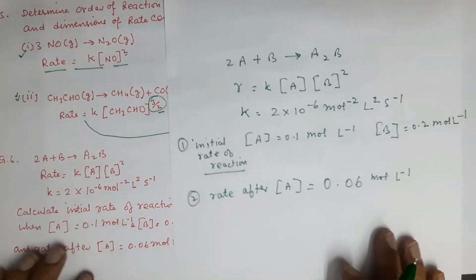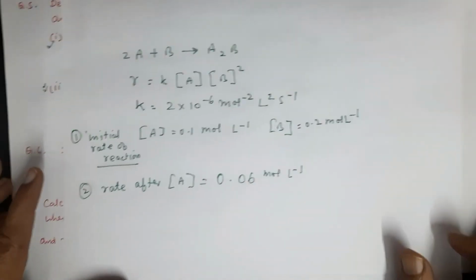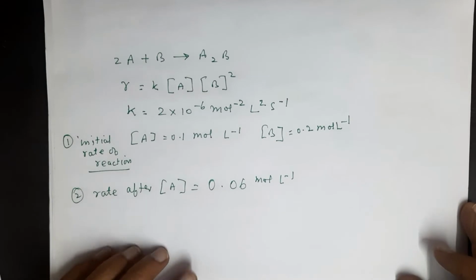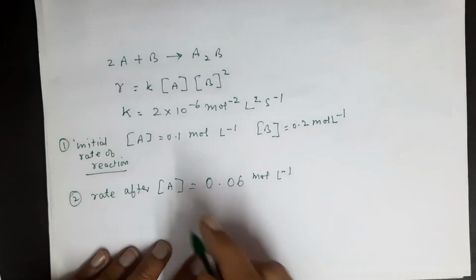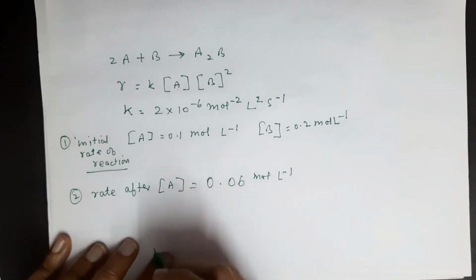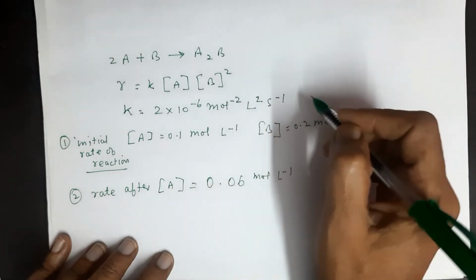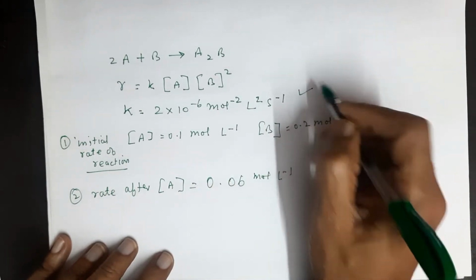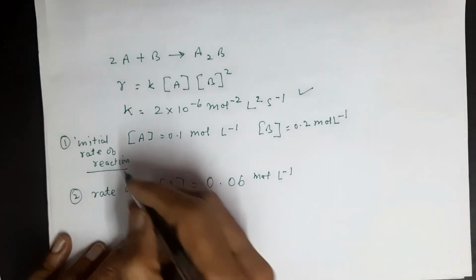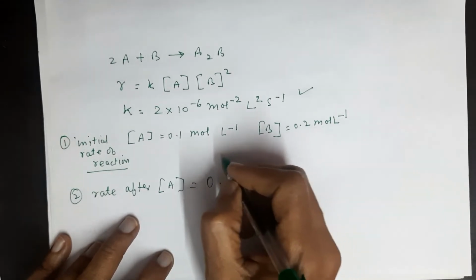So how shall we calculate? Here we are given K, and first we calculate the initial rate.